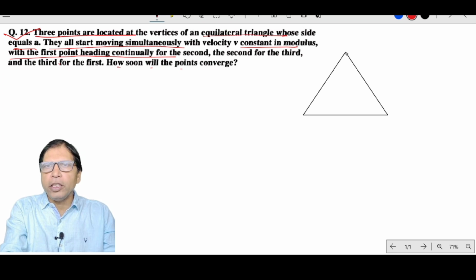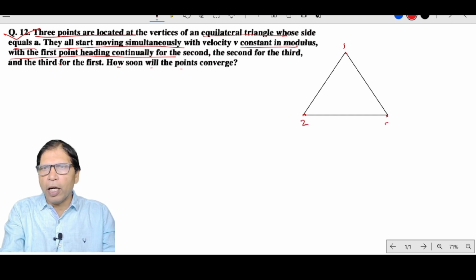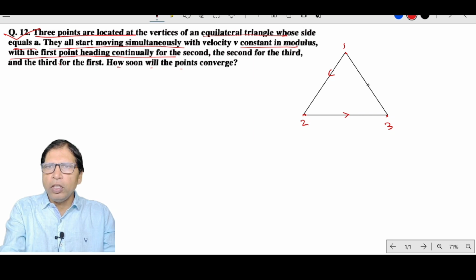Now look at this. This is the position of the first particle, this is the position of the second particle, and this is the position of the third particle. 1 is heading towards 2, 2 heading towards 3, and 3 heading towards 1.